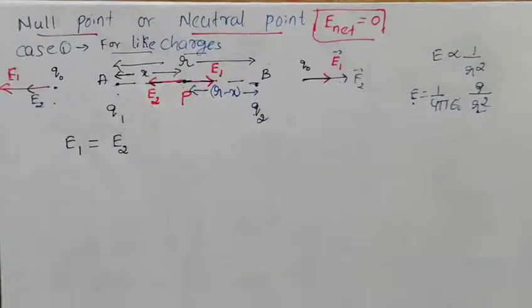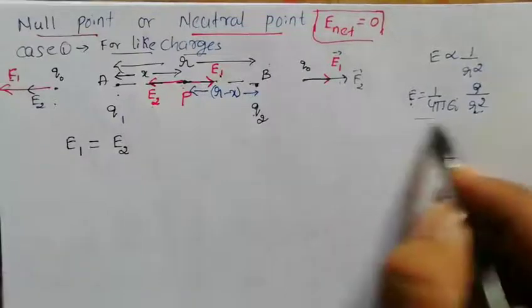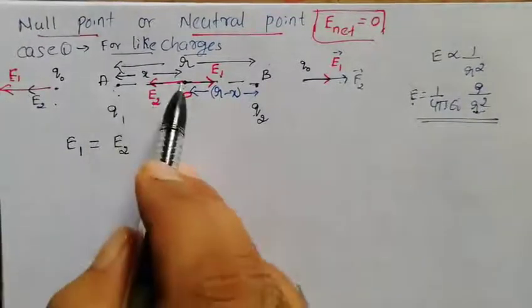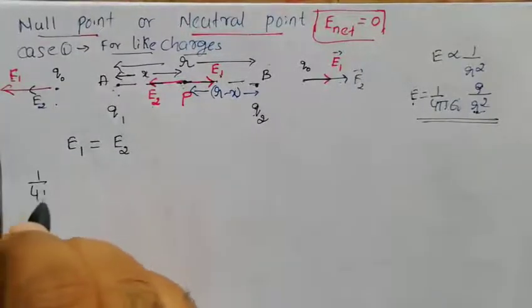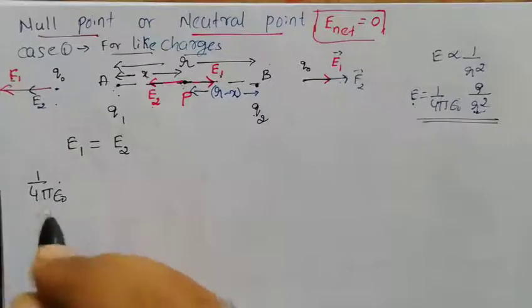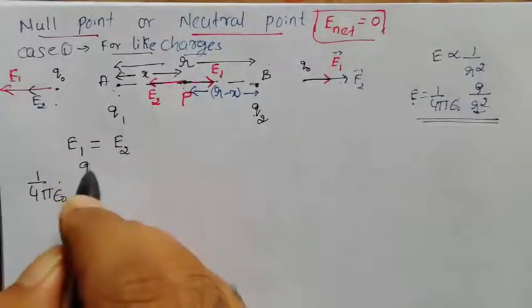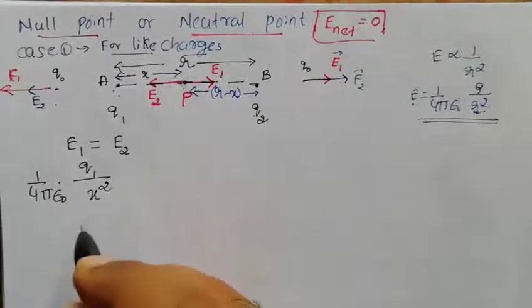Now let us find the electric field at point P due to Q1 and Q2. Due to Q1, what is the formula? Same formula. Here the distance is X that we have taken. It will become 1 by 4 pi epsilon naught multiplied by Q1 divided by X square.